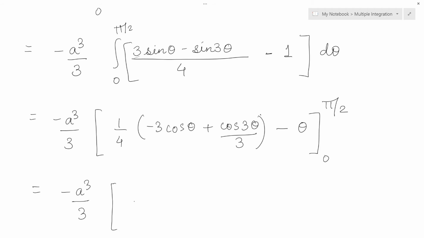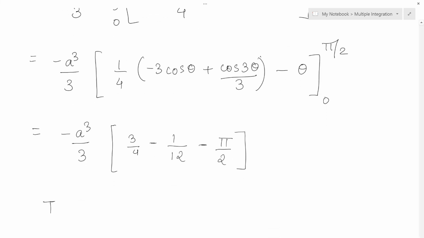So I have minus a cube, I have 3 by 4 minus 1 by 12, and I'll have minus pi by 2, the upper limit, because the lower limit will anyway become 0. So my final answer, if I simplify this, my final answer I of integration is 2 by 3 minus pi by 2.